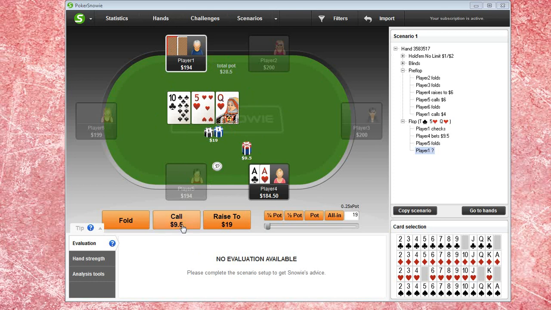That's kind of what I've been doing recently, betting bigger on monotone boards in multi-way pots to get rid of anybody who might be chasing a draw. But on the other hand, you can make money from people who chase a draw if they don't hit their draw.